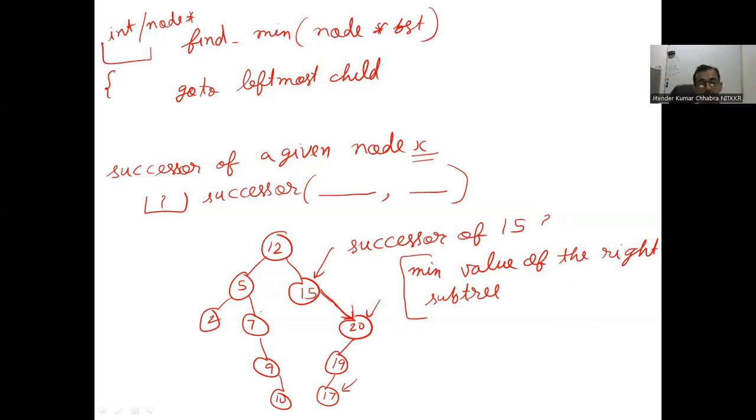If I am talking of, let's say, 7, 7's right subtree is 9. In 9's tree, the minimum value on this side will obviously be 9. I can easily see that logic. So I say effectively successor will mean two situations.